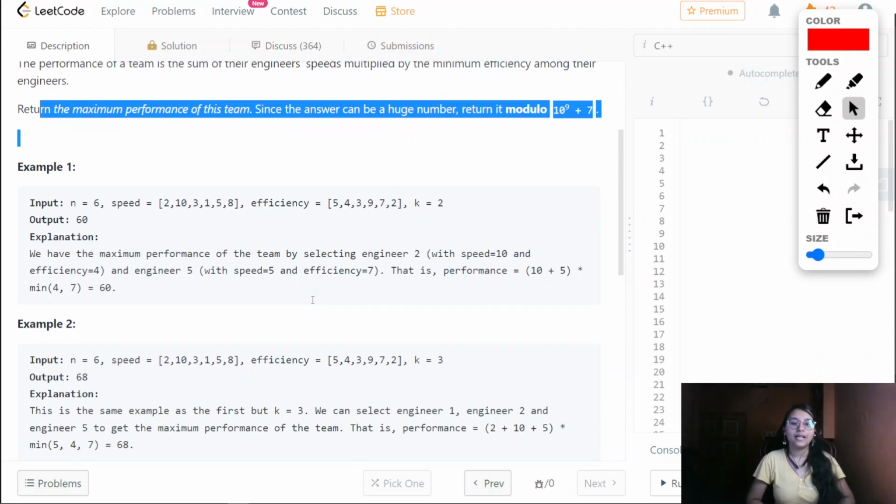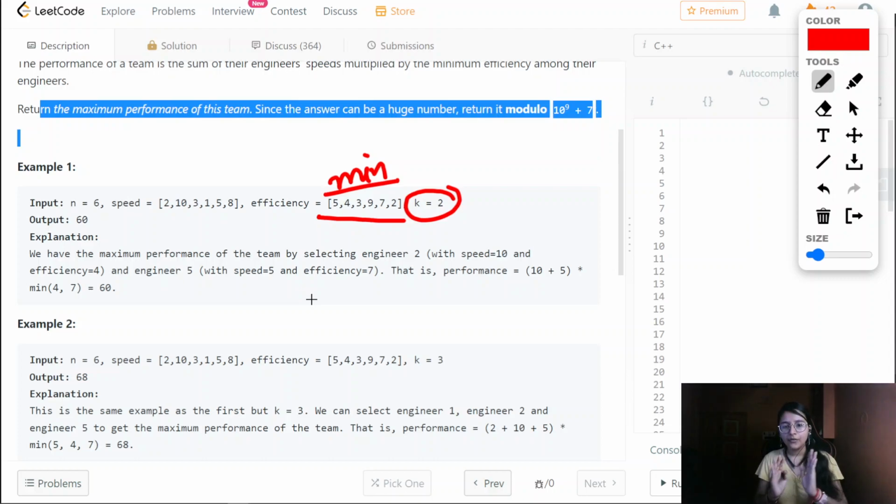But now comes the part: are you able to figure out what we are required to do in this question? Basically, out of all these efficiencies, we are required to have the minimum efficiency, but the minimum efficiency for only those k engineers. And corresponding to those efficiencies, we are required to have the maximum speed.